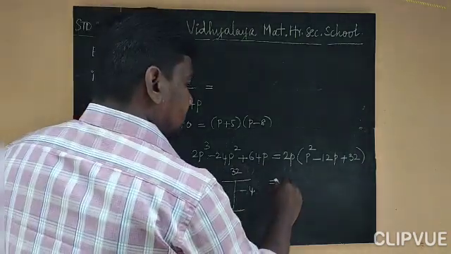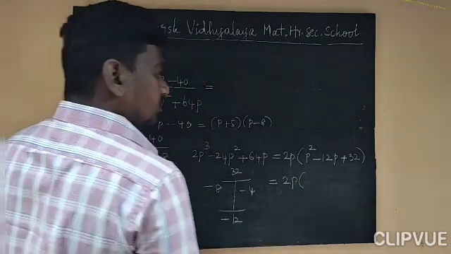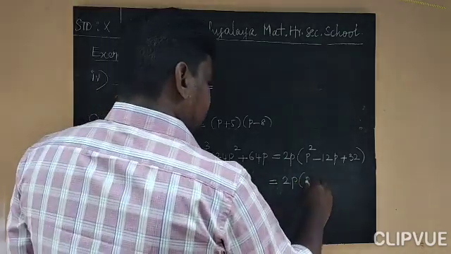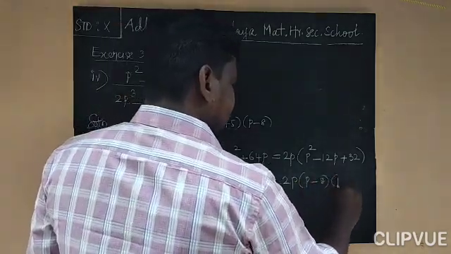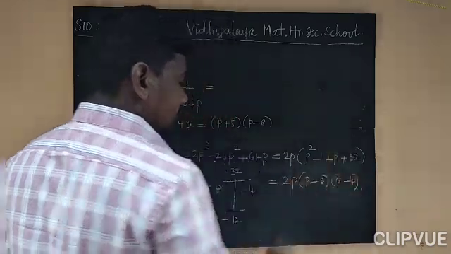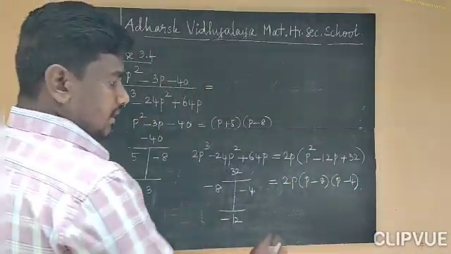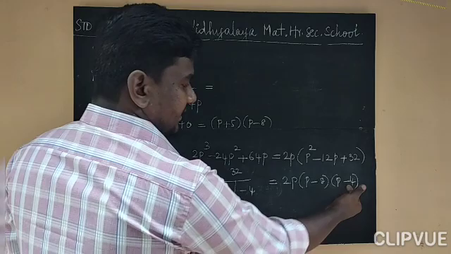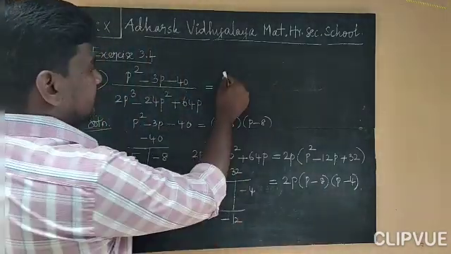So 2p into p minus 8 and p minus 4. There are three factors. What are they? 2p, p minus 8 and p minus 4. So we just replace them.